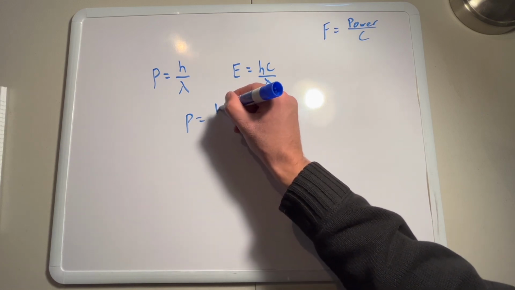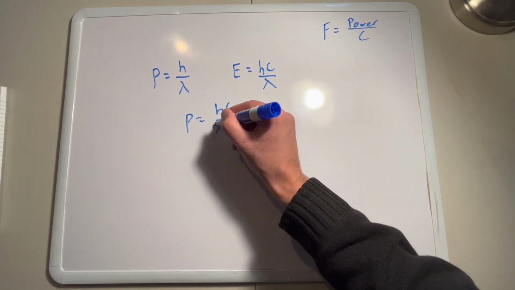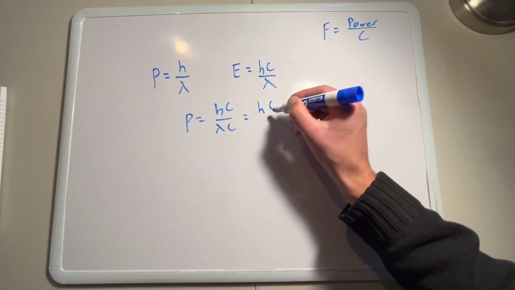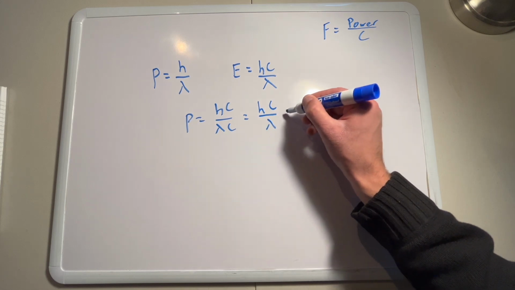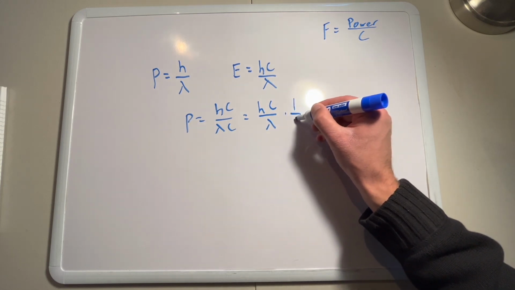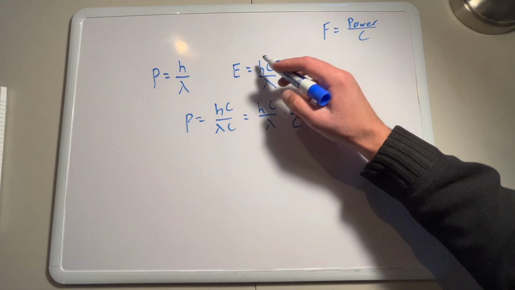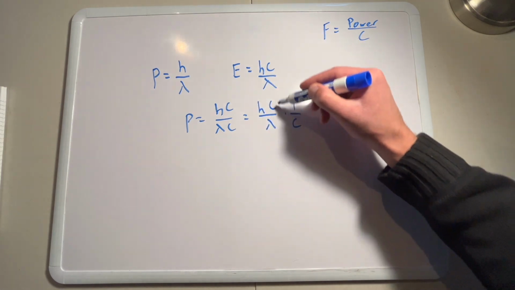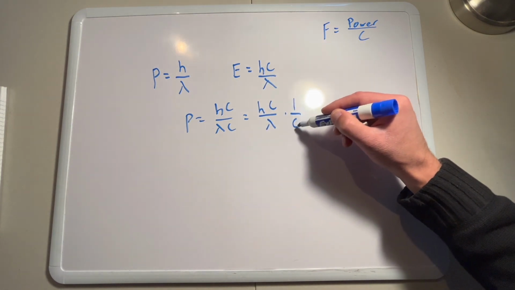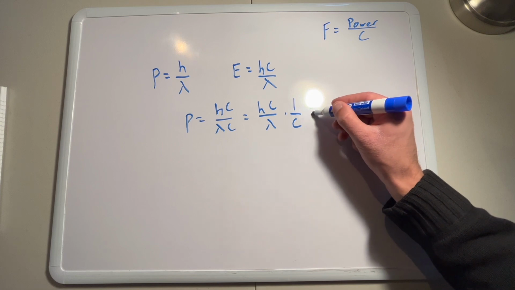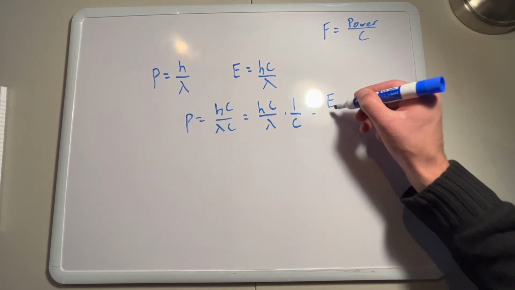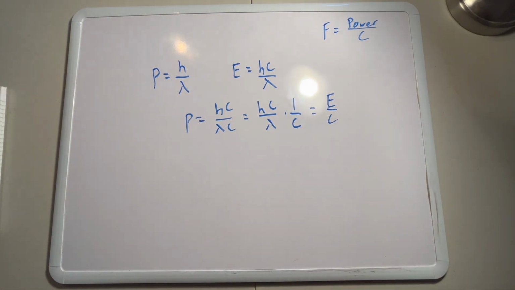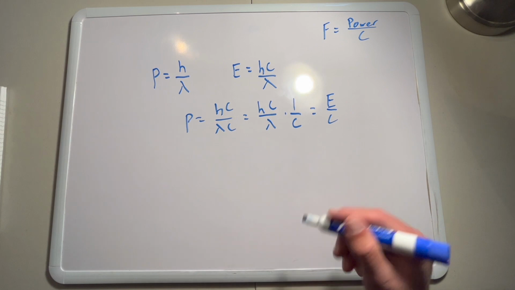So we get hc over lambda c. Now that's the same as saying hc over lambda times 1 over c. Now you can see that this is just energy times 1 over c. In other words, we now have energy divided by c, the speed of light. So that is another way you can write photon momentum.